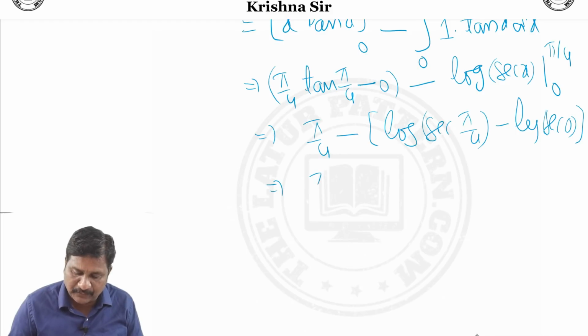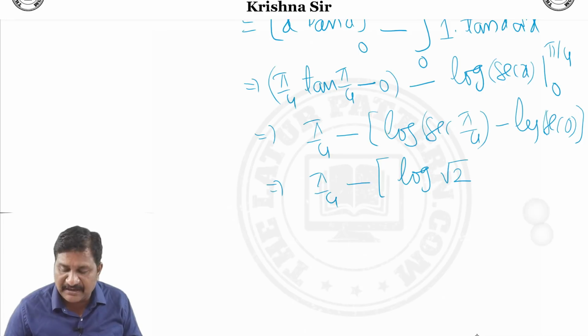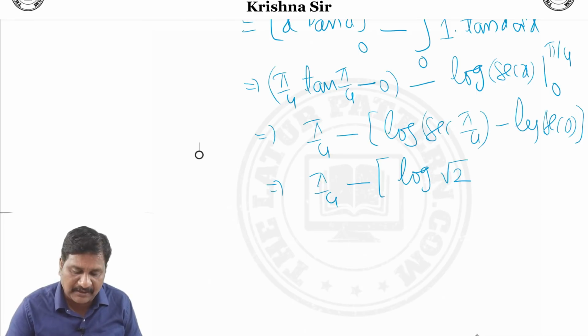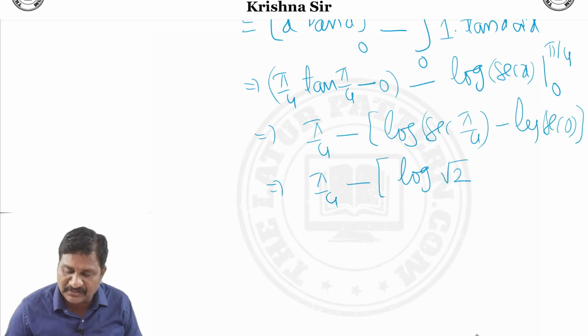So pi by 4 minus log secant 45. Cos 45 is 1 by root 2, and secant 45 is root 2, the reciprocal of cos. Cos 0 is 1, and secant 0, its reciprocal, is also 1, log 1.